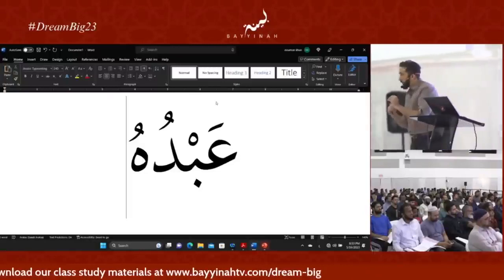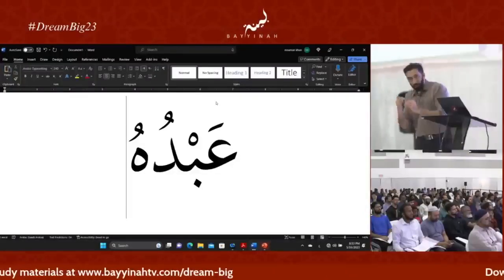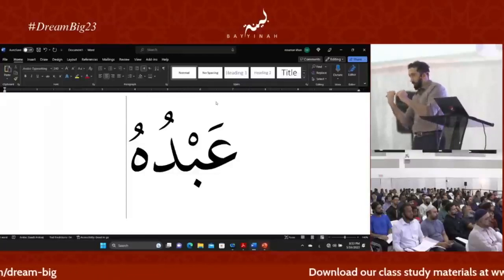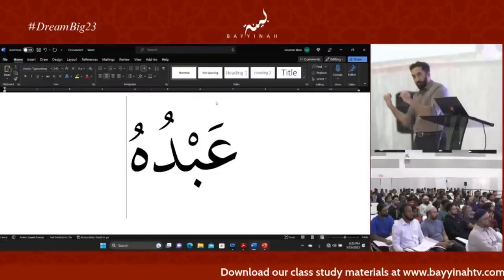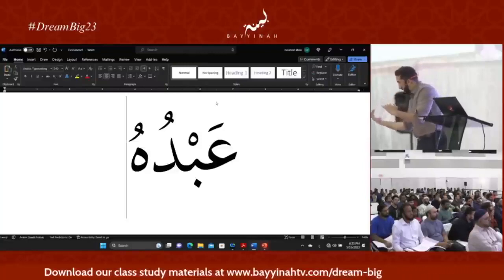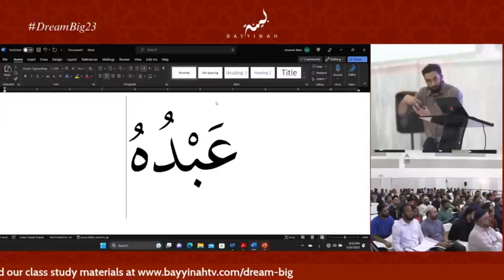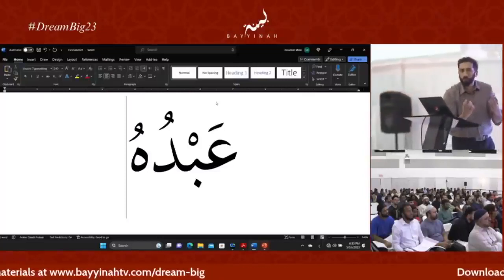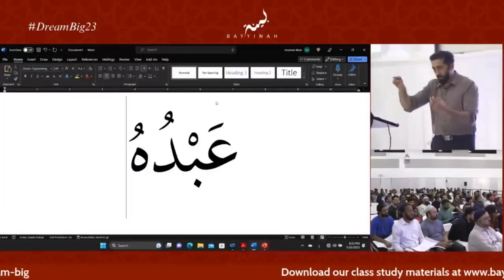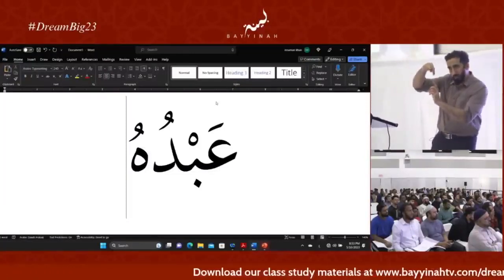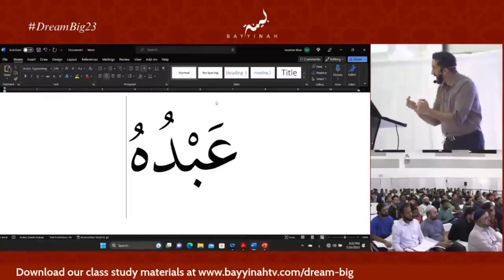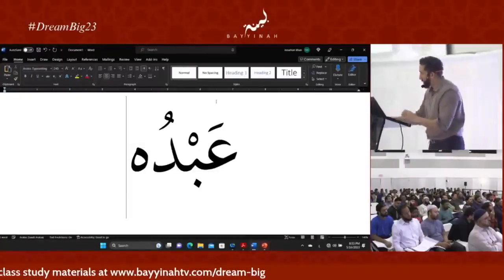Attached versions can only be nasab or jar, but if it's nasab or jar and it has a good looking mudhaf, it's jar, which means abdu is a mudhaf and who is a mudhaf ilayh. What do you put between a mudhaf and a mudhaf ilayh? Of, slave, of, his, which would easily translate into what? His slave. Okay, well, what about?